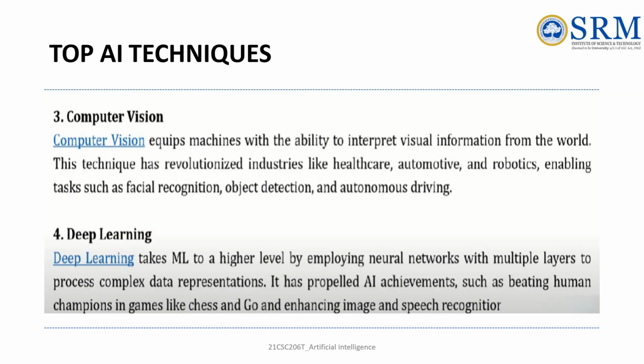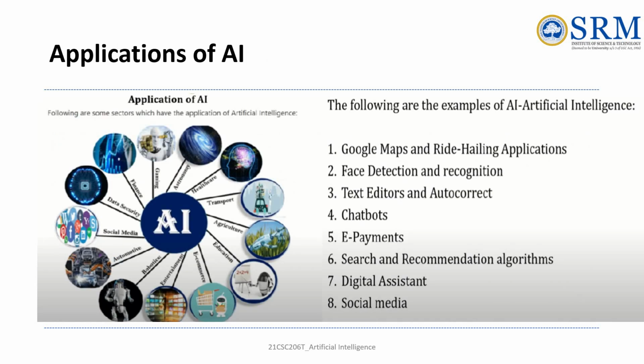We have several applications of AI in various industries: in healthcare, disease diagnosis and robot assisted surgery; in finance, fraud detection and stock market prediction; manufacturing, automation and quality control; transportation, self-driving cars and traffic optimization; and entertainment, movie recommendations and video game AI.